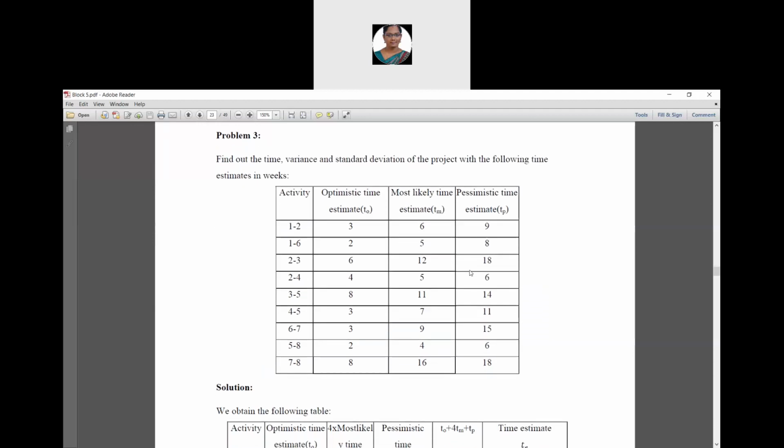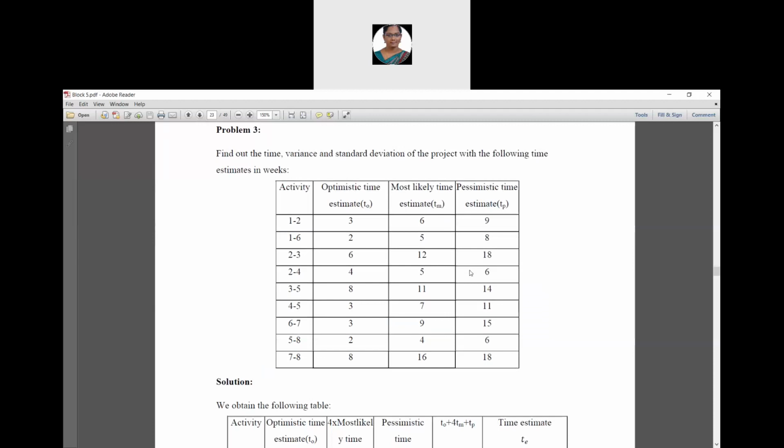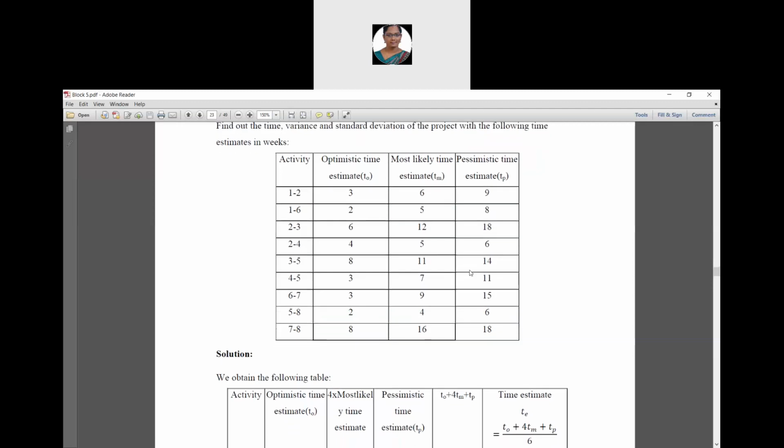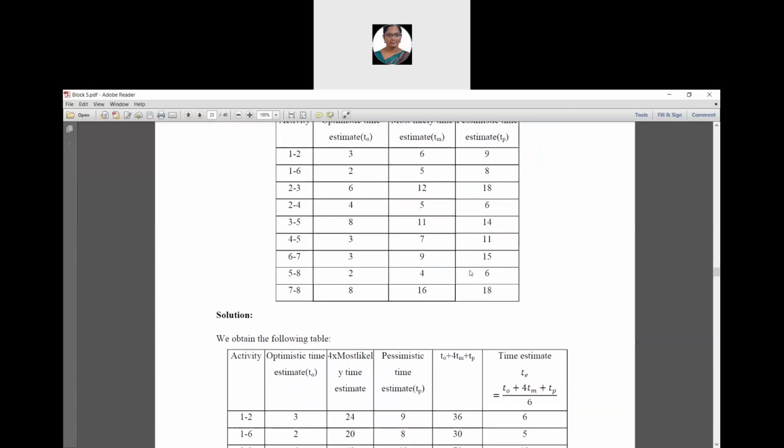The first column denotes the activity, the second column denotes the optimistic time estimates for the activities, the third column denotes the most likely estimate, that is TM values, and the last column denotes the pessimistic time estimate values. So here we are going to find the standard deviation and variance for the project network.